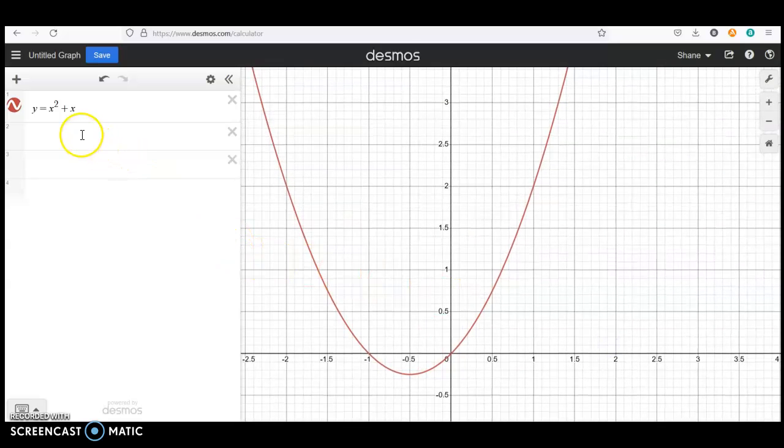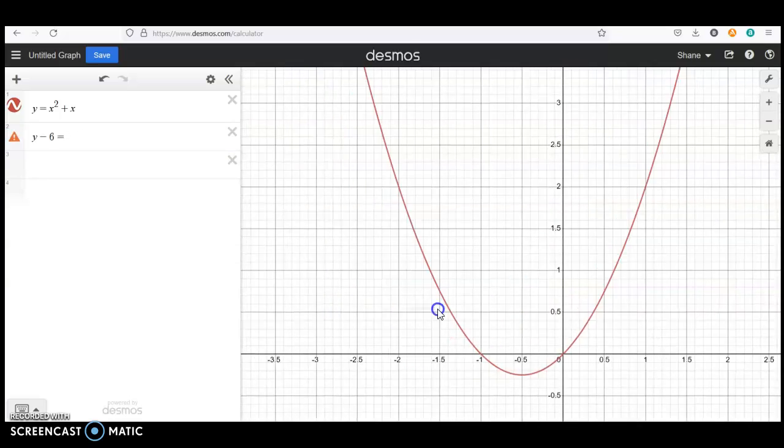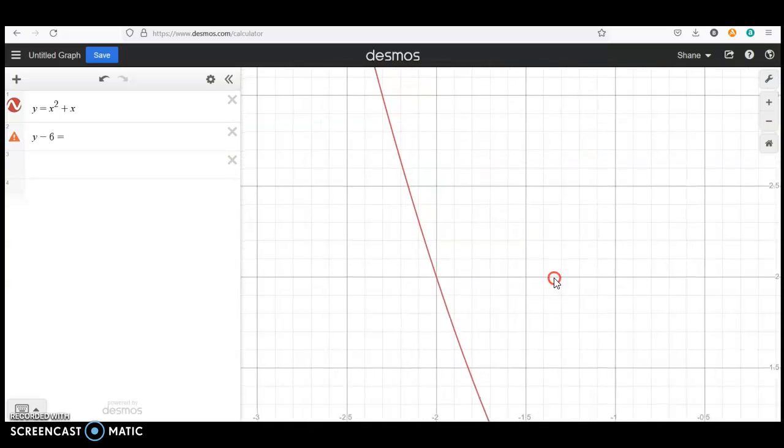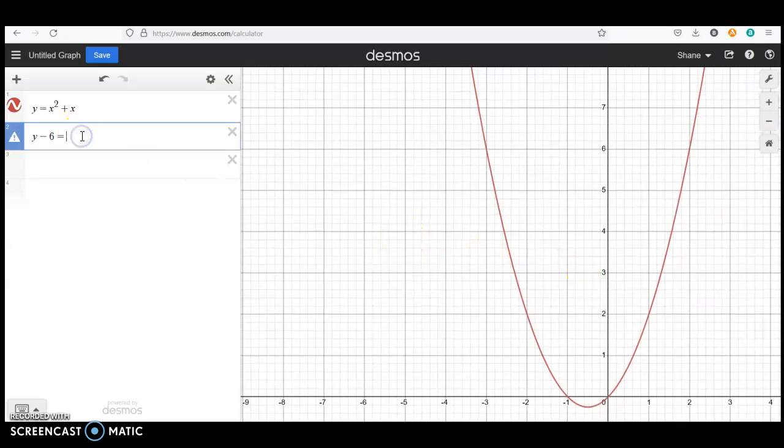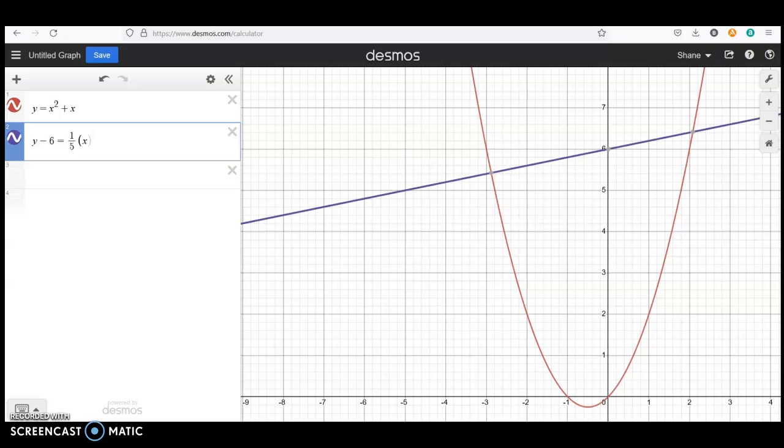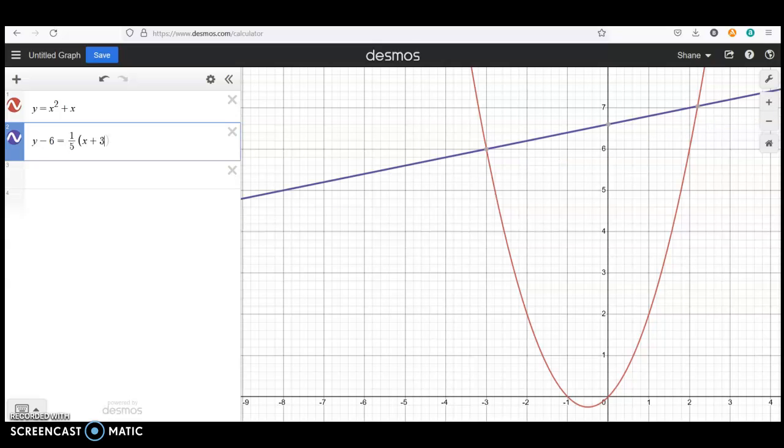And then my normal line is y minus 6 equals, and this is the normal line at x equals negative 3, so I'm going to drag it over here and make sure I can see the curve at negative 3. So we've got y minus 6 equals 1/5 times the quantity x plus 3. And this is the normal line to the curve. So that means it goes through this point, negative 3, 6. Notice it goes through that point, negative 3, 6. And it's perpendicular to the curve at that point.